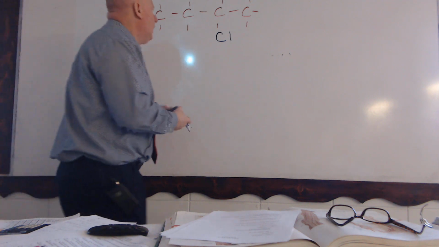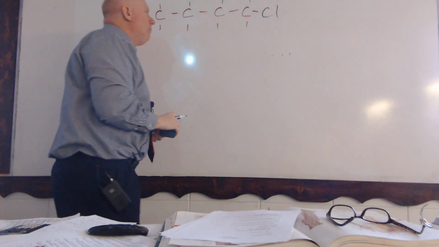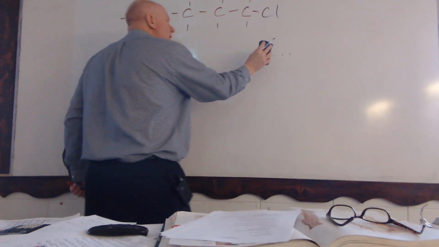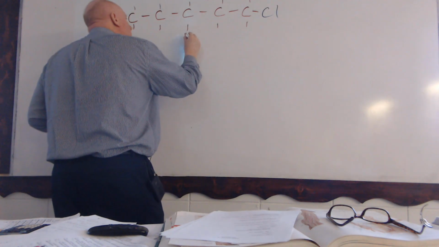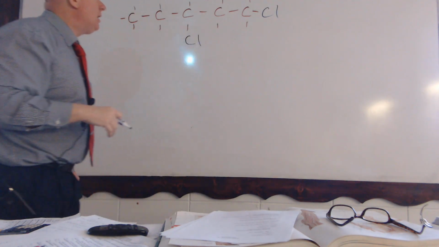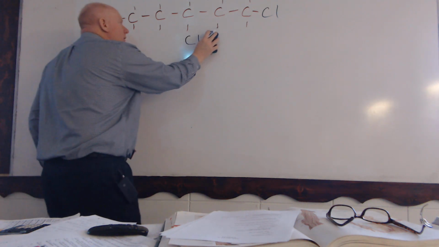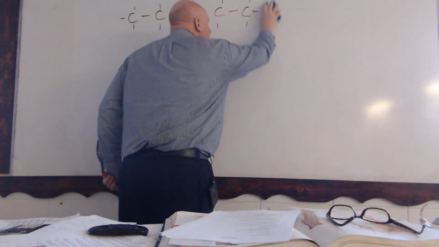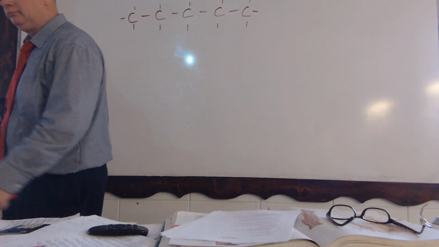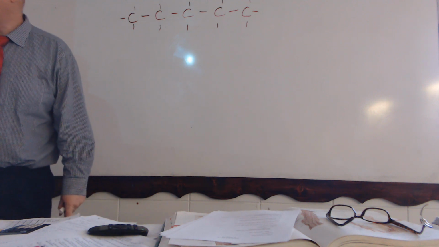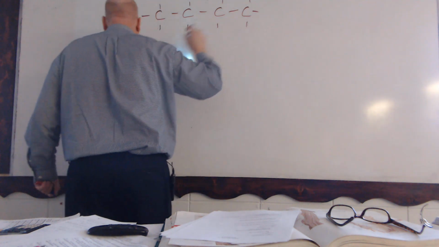Then this would be chloropentane because it's understood on the first one. Then here you'd have 1,3-dichloropentane. You could have the chlorine on top or underneath the carbon too. You can put it in any one of these spots.